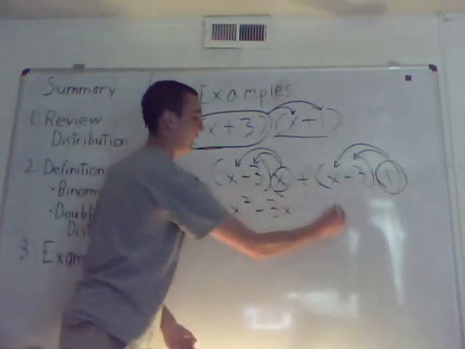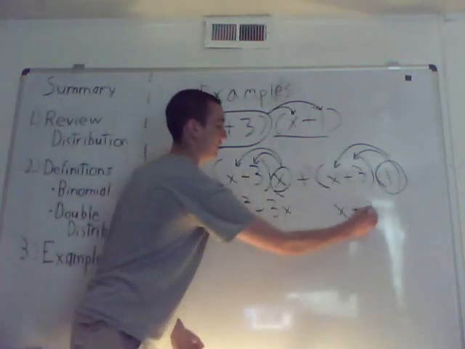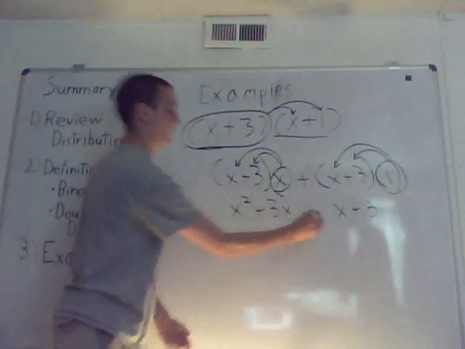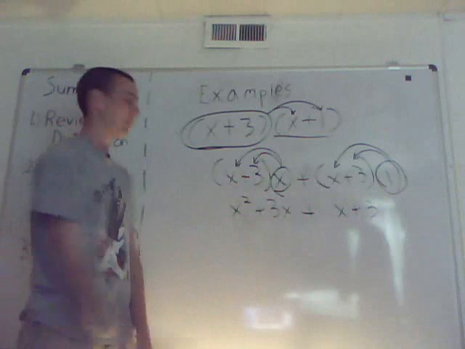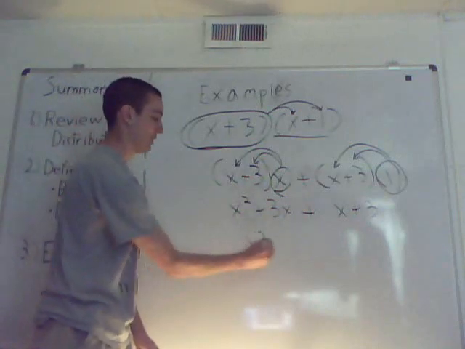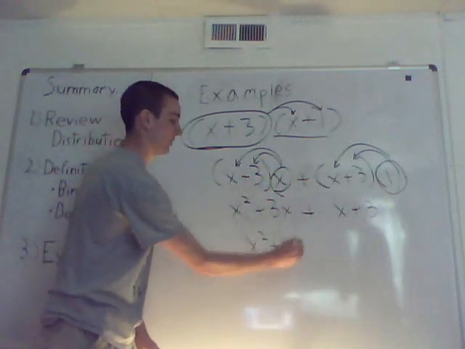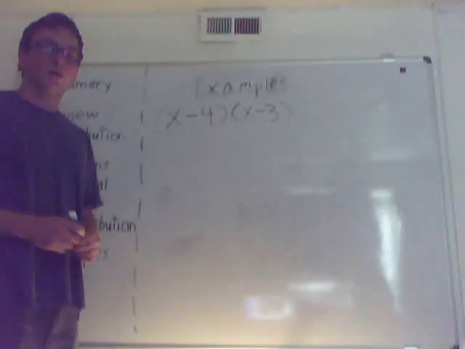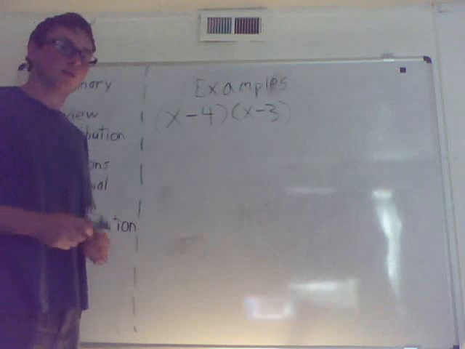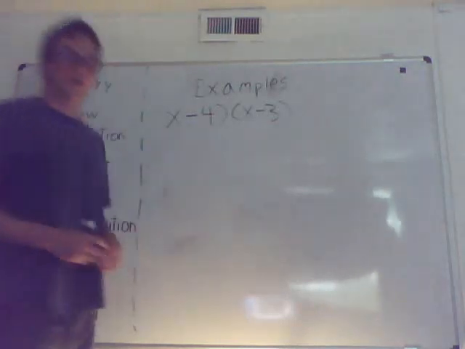And over here, we'll get x plus 3. And now we're going to add them together. Combining all the like terms, we have x squared plus 4x plus 3.